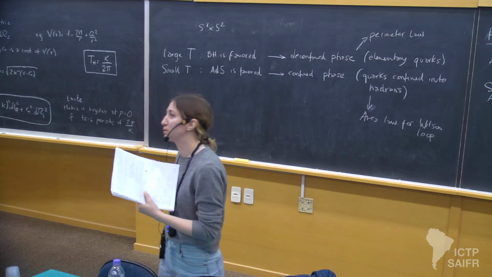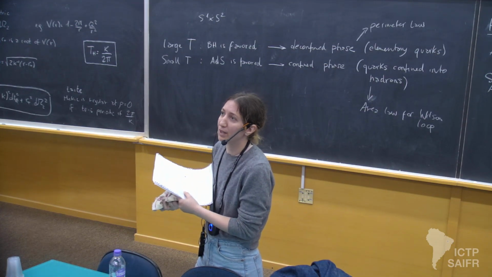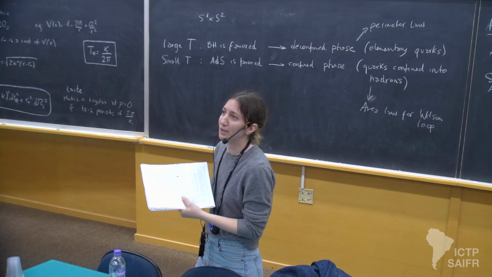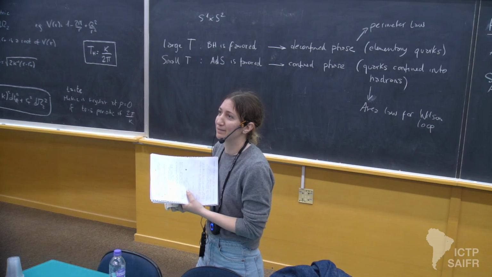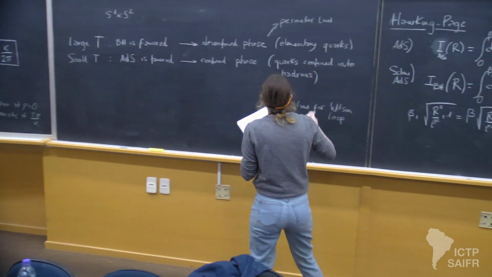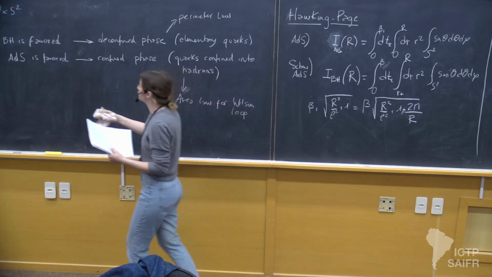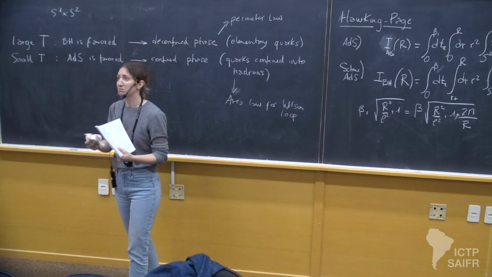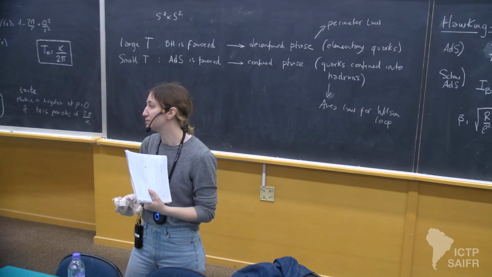This is just a holographic computation made in N=4 super Yang-Mills, but it's not really like QCD, with gauge group SU(3), that we like. This is just a qualitative picture of what a phase transition between a large black hole and AdS can give you. Okay, thank you.